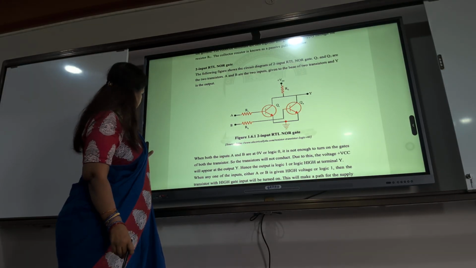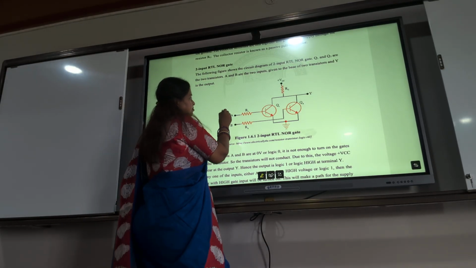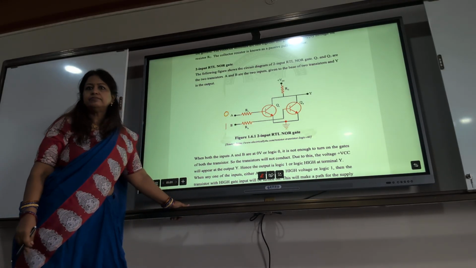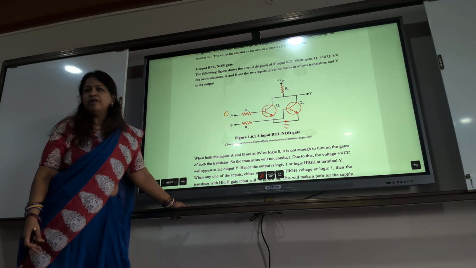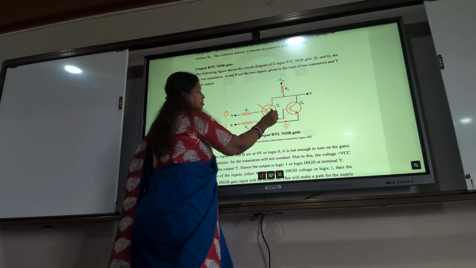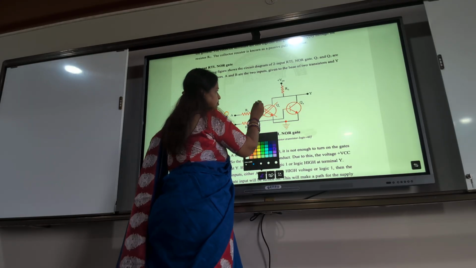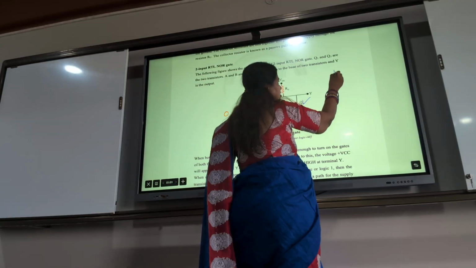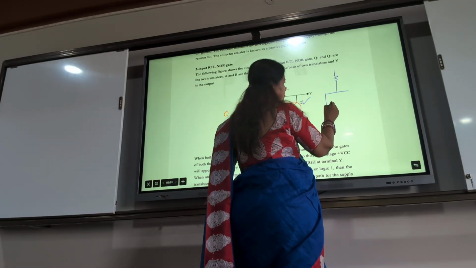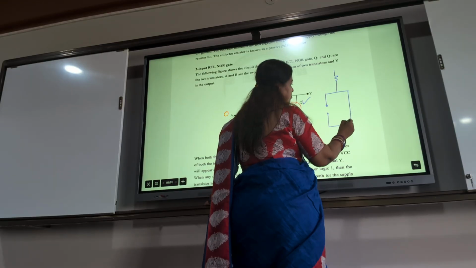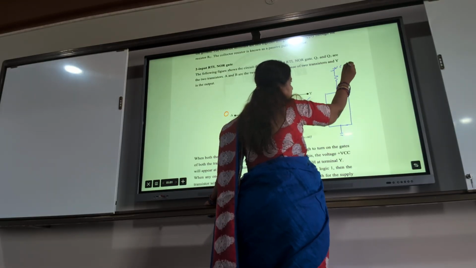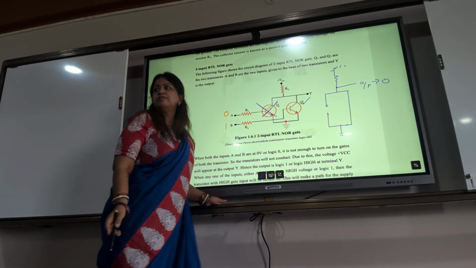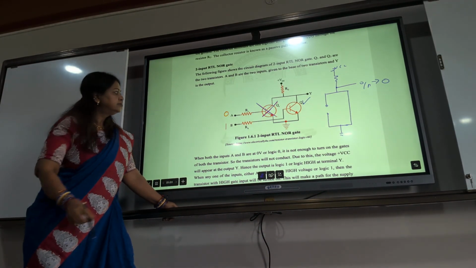So now coming to 0, 1. Any one transistor will turn on. This will not turn on, this will turn on. So how will your circuit be? What will I get at ground? 0. It is directly connected to ground.